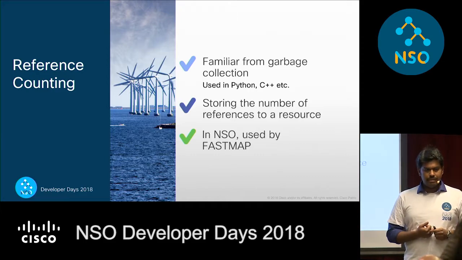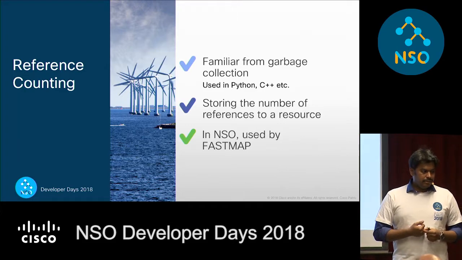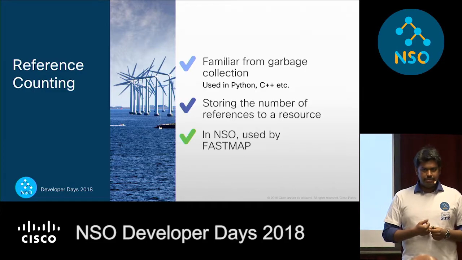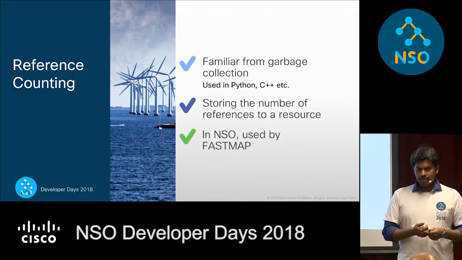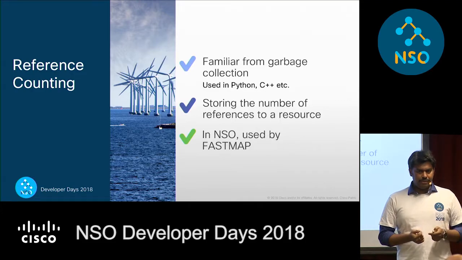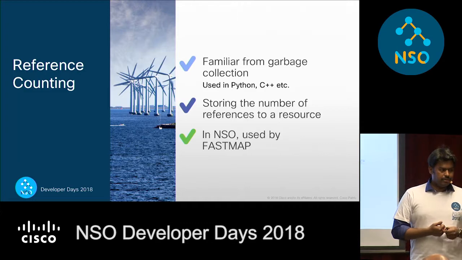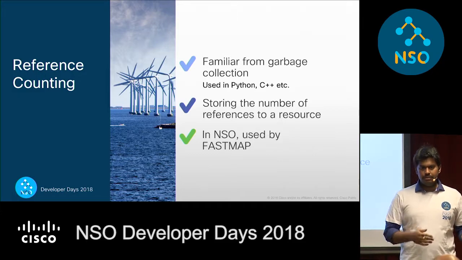So whenever a service runs and creates something on the CDB, we have attributes called reference counts and back pointers that tell you how many services are using this node, or sharing this resource. And only when that reference counter is 0, we can delete it. So this makes sure that when you delete some service, config that is depended on by other services is not deleted.